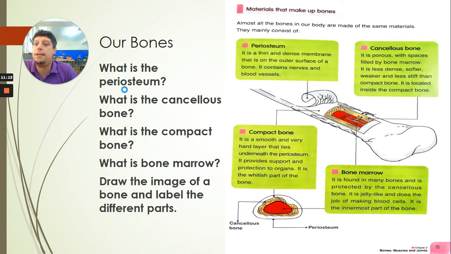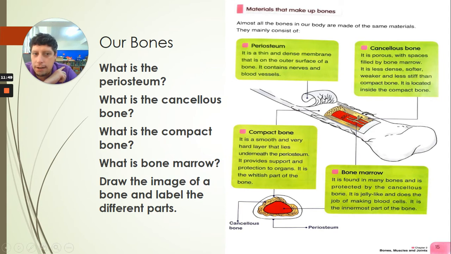As you can see, your questions here for your homework at the side here. So what is the periosteum? It is a thin and dense membrane that is on the outer surface of a bone. It contains nerves and blood vessels. As you can see here in the picture, it's almost like a skin, but it's the outer layer of the bone, and it contains nerves and blood vessels.